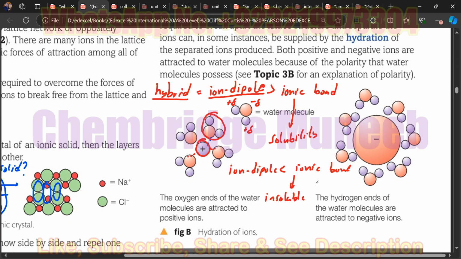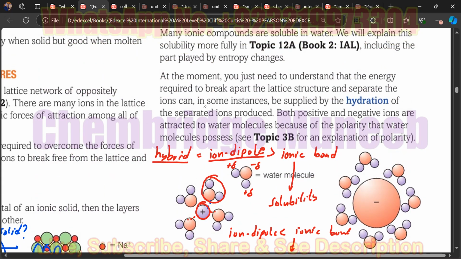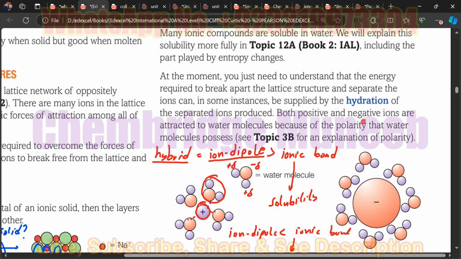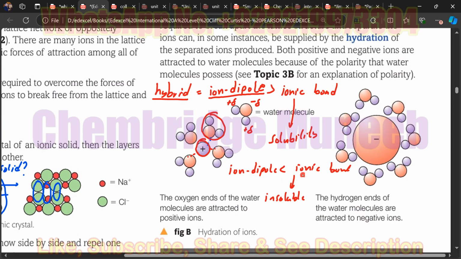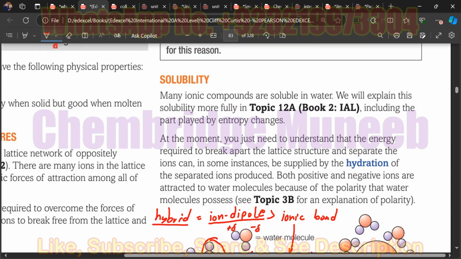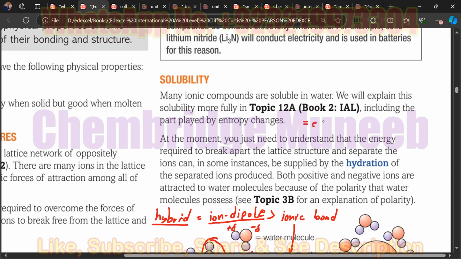So that's why we say that energy is required to break the ionic compound when it is dissolved in water, and that this energy is coming from the attractive forces between the ions and the water molecules. That's where the energy is coming from. When there is an attractive force, the energy is called exothermic energy.